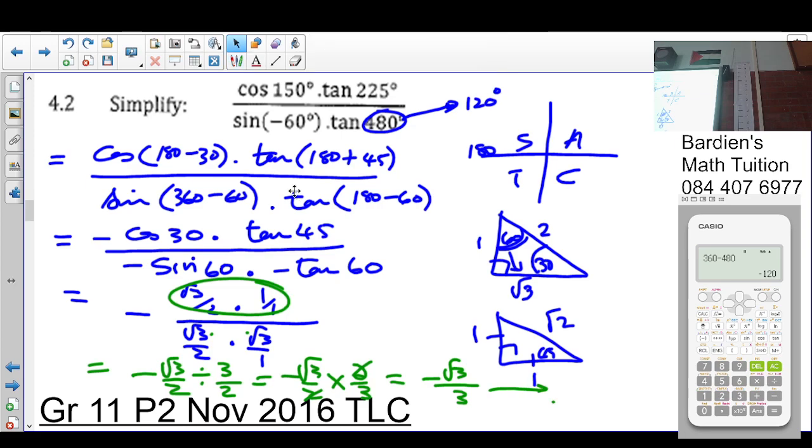Okay. Is that correct? No. Okay, where did I go wrong? Check the memo. Do I have the answer wrong? No, right. Okay, let's check.